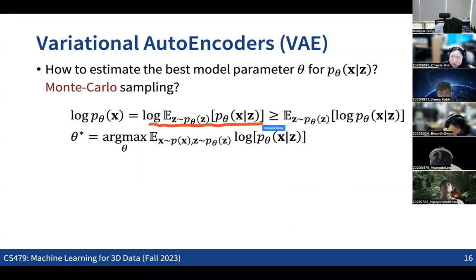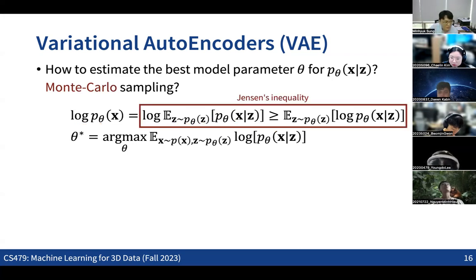If we want to compute the log of the probability of each data sample, we can take the expected value of this conditional probability for samples from the unit Gaussian and take the log of that.